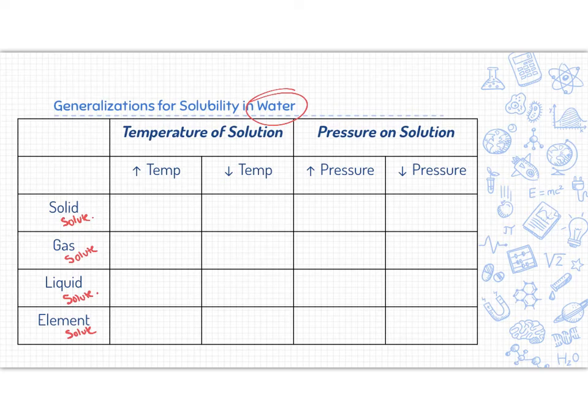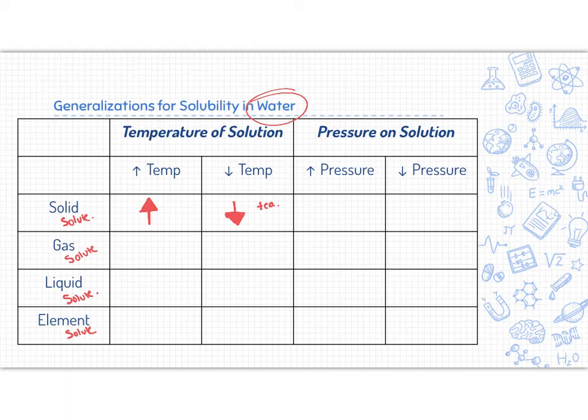We know that if we increase the temperature, the solubility of a solid solute will also increase. The generalization for a decreasing temperature is that, of course, our solubility will decrease. And the example here could be tea.